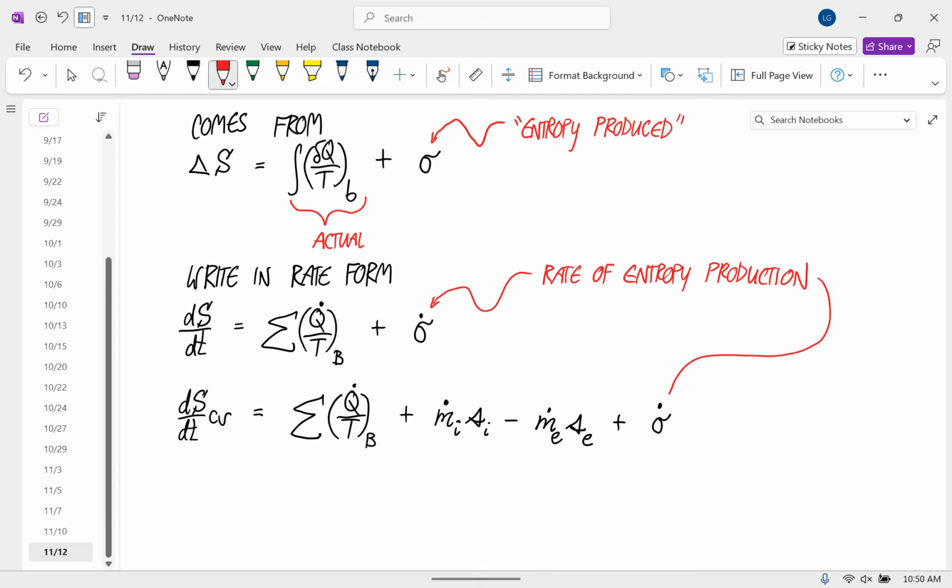This sigma dot is the rate of entropy production. And remember, sigma has to be greater than or equal to 0. And sigma dot also has to be greater than or equal to 0. So this is the equation that we're going to use.